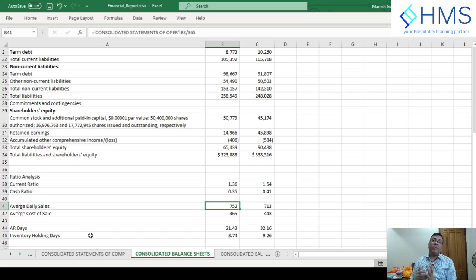Similarly, in inventory, how much belongs to the phones, how much belongs to the Macs, how much belongs to the wearable devices. And then only will we be able to identify the holding days of each product segment, so that we can make a better judgment of how many days the company is holding the inventories. Maybe iPhone is more, wearables are very less, or the Mac is less.